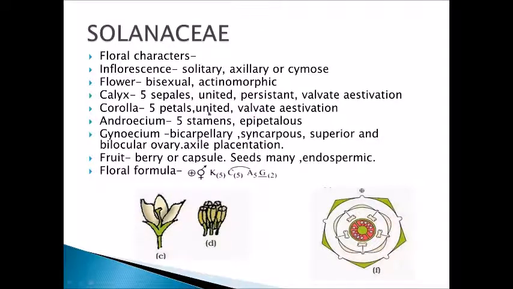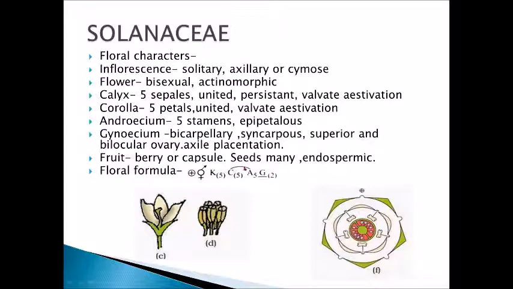Next is calyx, which has 5 sepals which are united, that is gamosepalous. Persistent, that means they remain forever, and valvate type of aestivation is there. So in this it is written K for calyx. As they are united, the number 5 of sepals is put into the bracket.